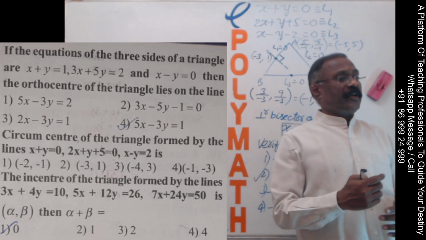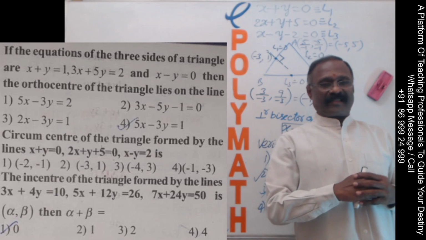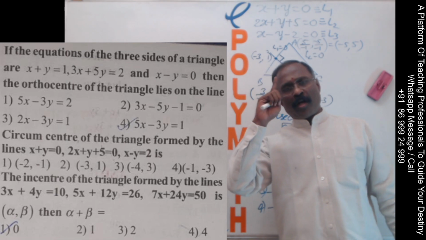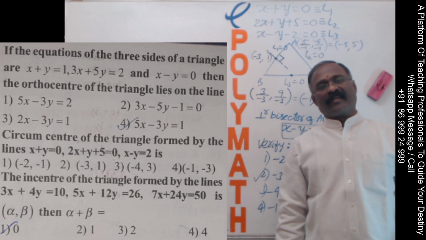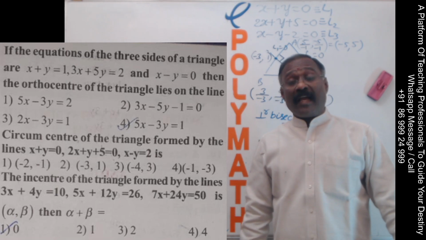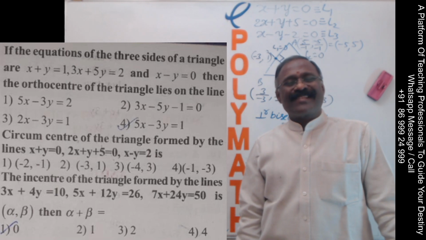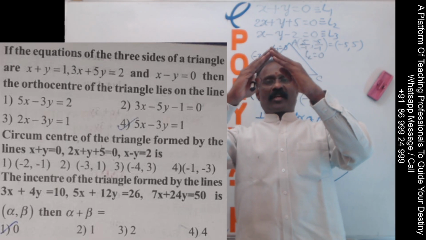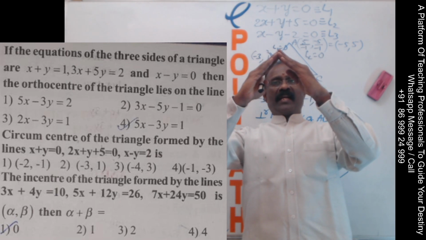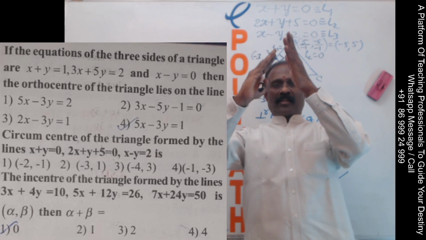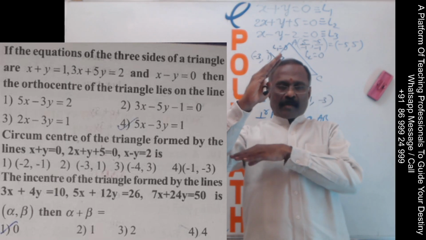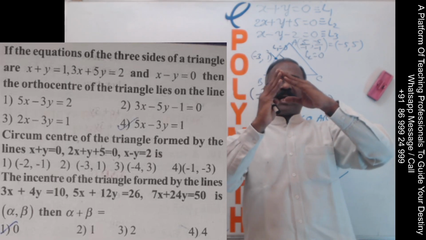So incenter is a point of concurrence of internal angular bisectors, and for that one, in the introduction of coordinate geometry, in the beginning lectures, I have derived the formula for incenter, because incenter has a good number of properties. What are they? Number one, the internal angular bisector divides its opposite side in the ratio of these two sides.